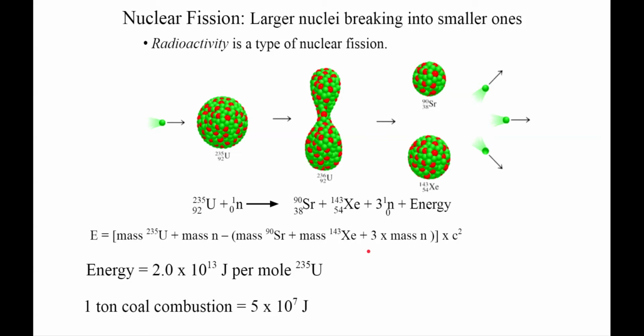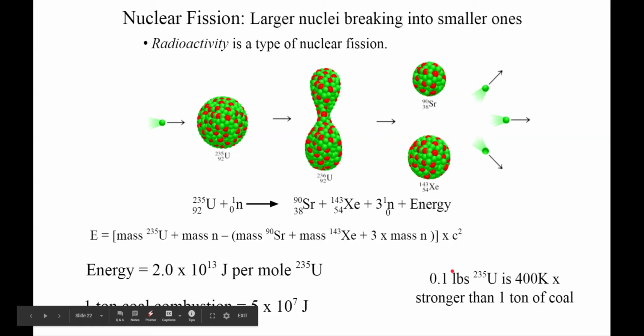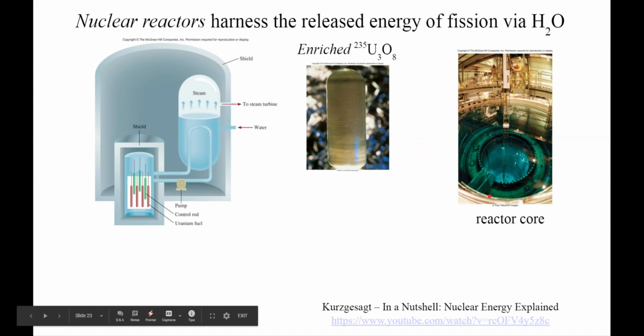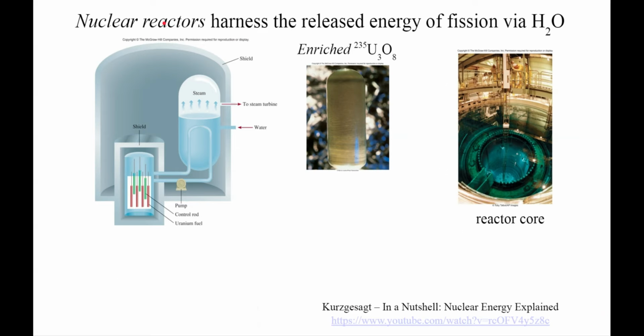Now, that's a lot of energy, but comparatively, a tenth of a pound of uranium undergoing fission can give off 400,000 times as much energy as a whole truckload, 2,000 pounds worth of coal. And for that reason, we like to harness it, and we do that with nuclear reactors.